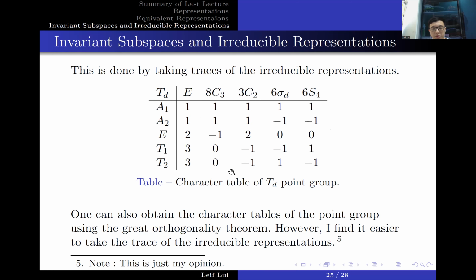So these two yield these two character tables. You can also determine the character tables of the point groups using the great orthogonality theorem, but I find it easier just to take the trace of the irreducible representations, and I will note that this is just my opinion.